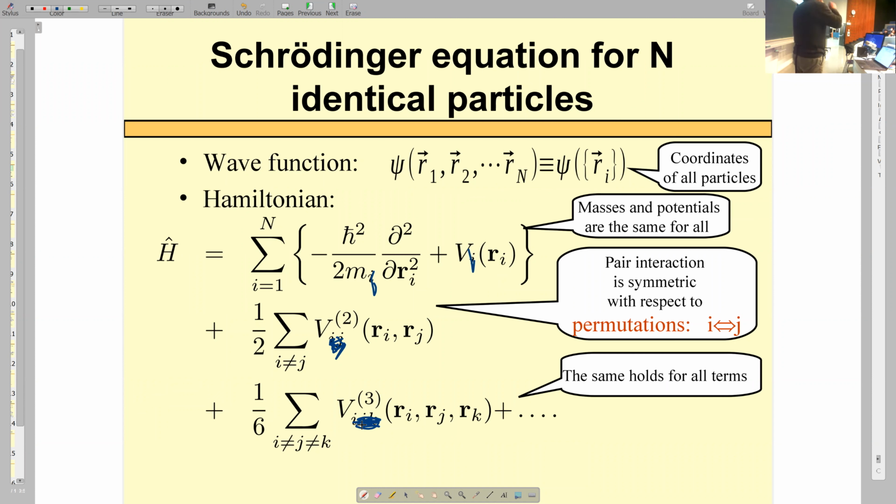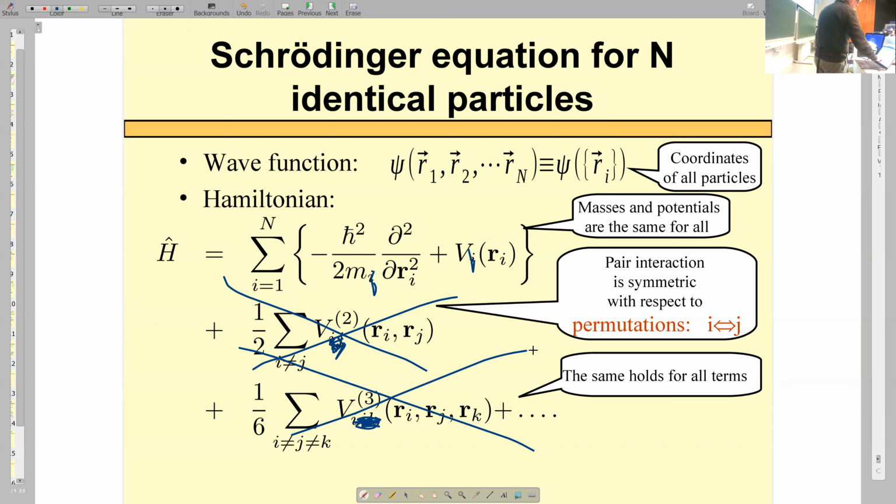Good, we've done it. I've sketched the most general Hamiltonian for n particles. That's too complex to solve, of course. And for most of the lecture, I will skip interaction. But even that appears not that simple. Still requires some work.